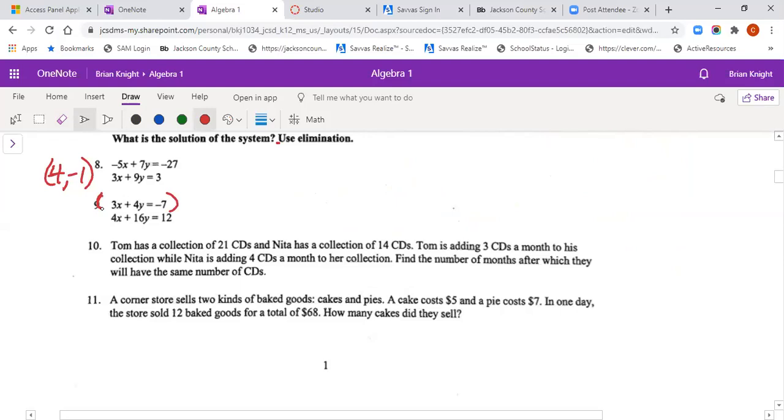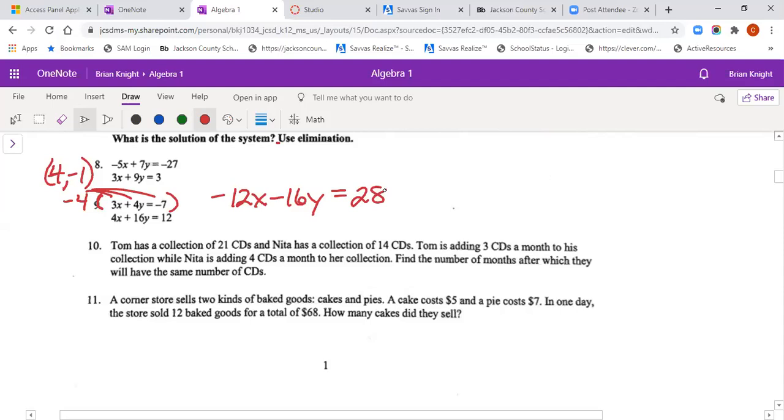If on the bottom I have 16y, what do I need on top? -16y. So what times 4y would give me -16y? -4. So I'm going to distribute the -4 to everything. -12x minus 16y equals +28. Okay. Don't let the negatives catch you.